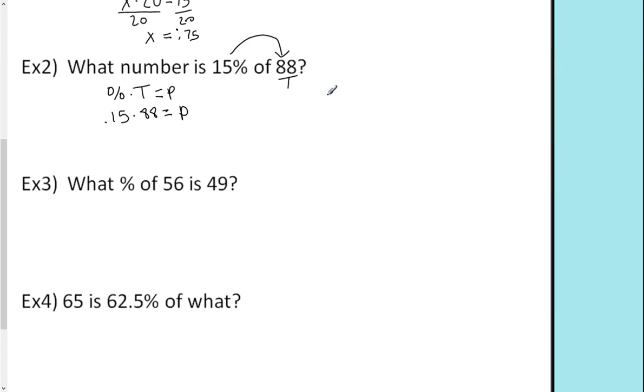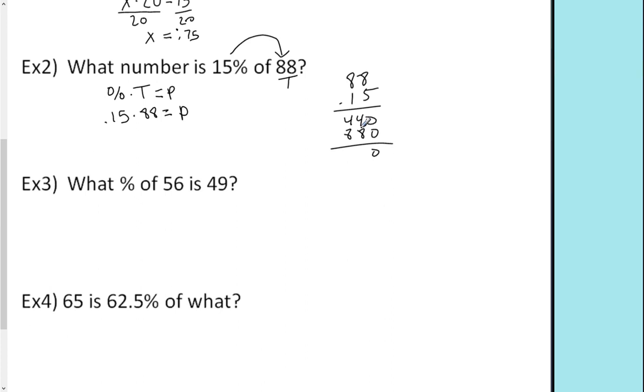So let's multiply that. 88 times 0.15, what is that? Let's just do the math. 88 times 15: 0, carry a 4, 44. Add a 0, 8, 8.